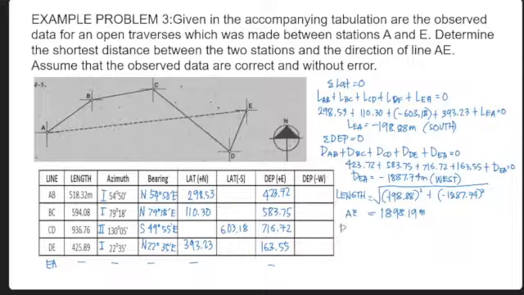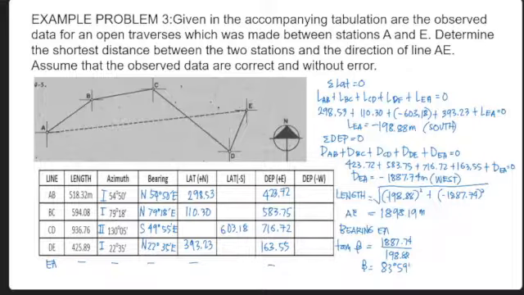So our bearing of EA is tangent beta, 83 degrees and 59 minutes.